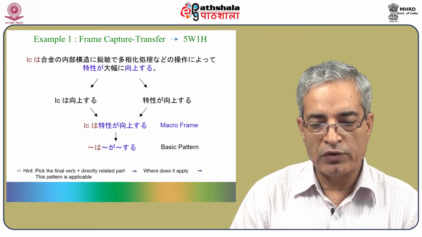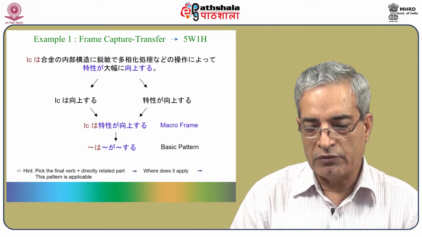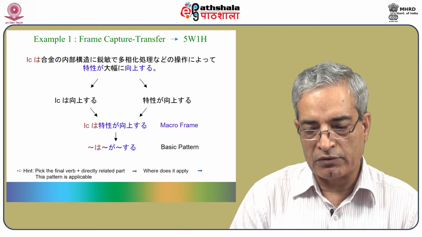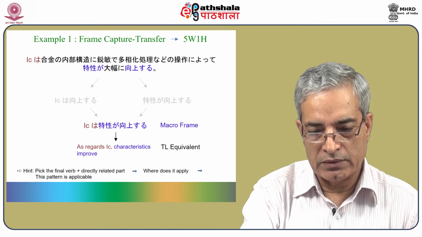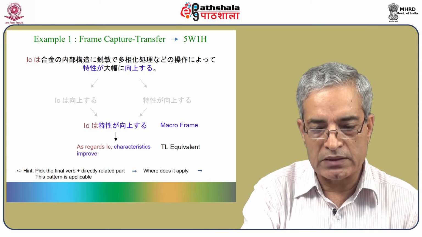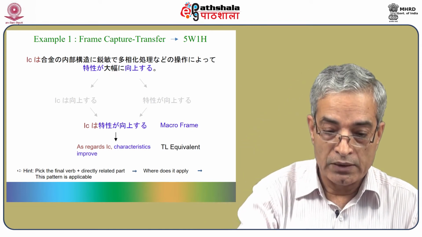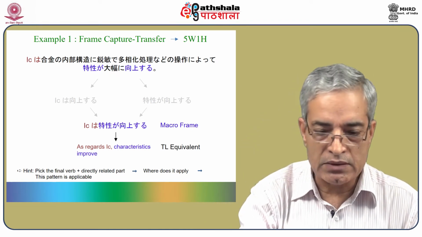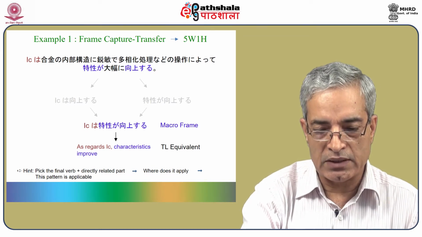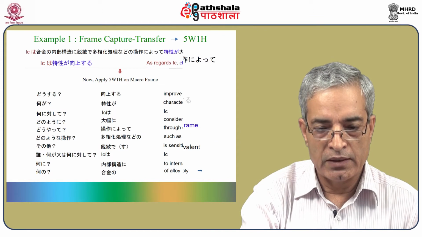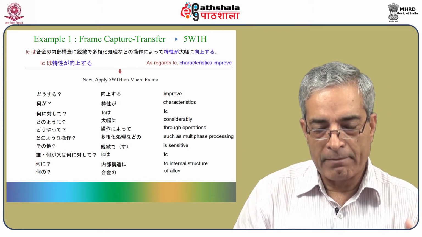So the macro frame comes as Aisiwa Toksega Kojosuru, and if we see the pattern used in this frame, it is very clear: Vaga Suru. The equivalent comes as: as regards IC, the characteristics improve. You can also say the characteristics of IC improve, but literally transferring the frame, it will mean as regards IC, characteristics improve. Now apply 5W1H on the same sentence.